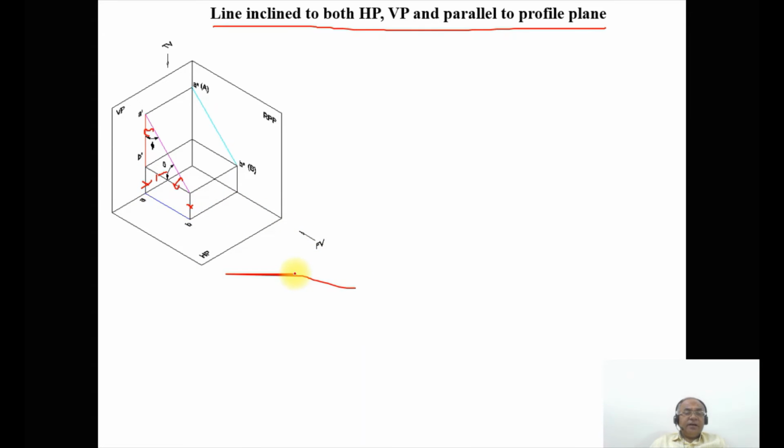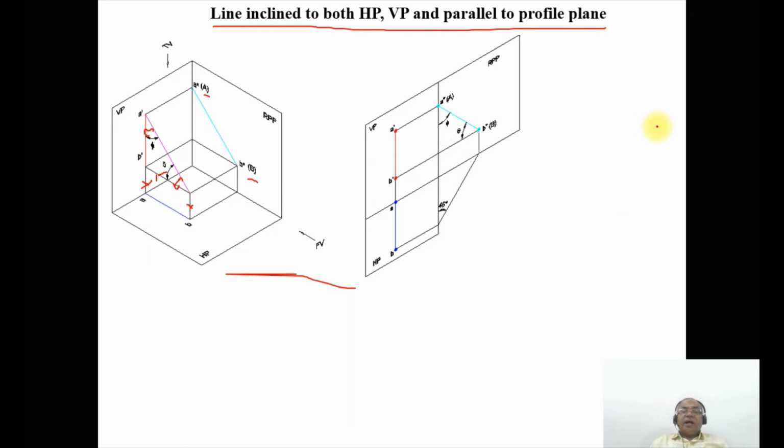But when we see from the front view, the two endpoints of the line, B and A, are both at equidistant from the right profile plane, that is in front of RPP. Since it is in front of RPP by the same distance, you will get capital B and capital A in the profile plane, which will be the true length. So this is how you will be able to analyze in 3D.